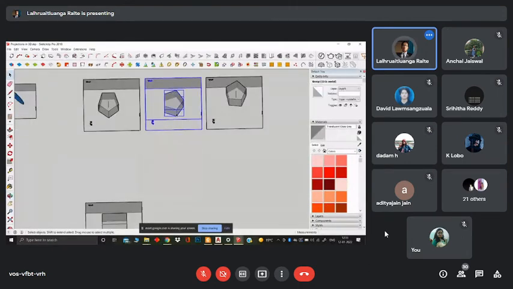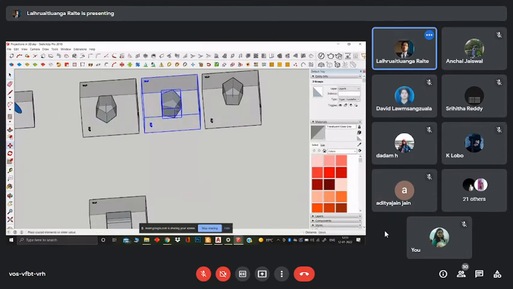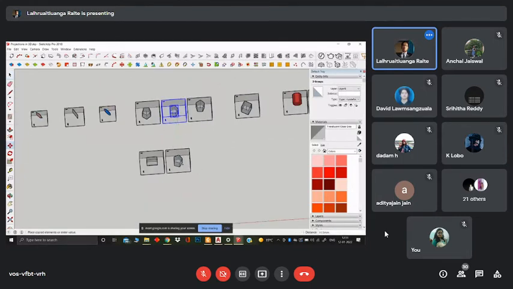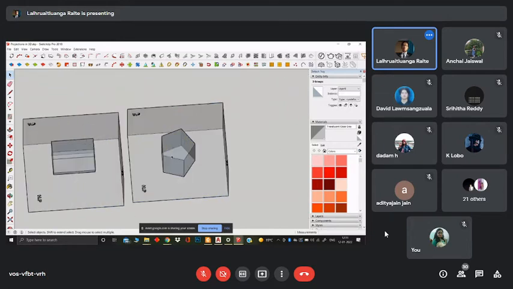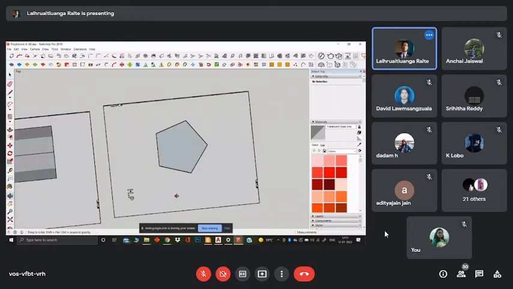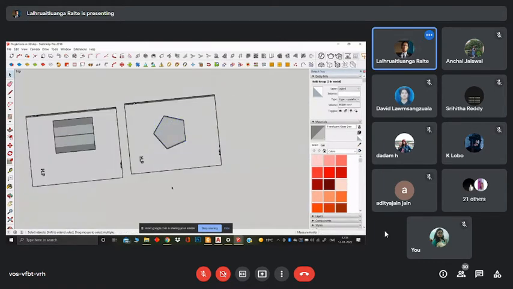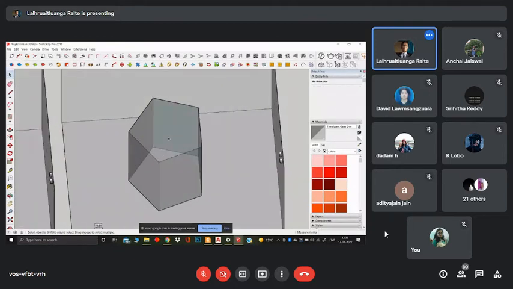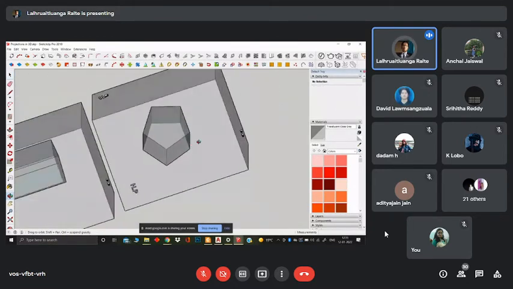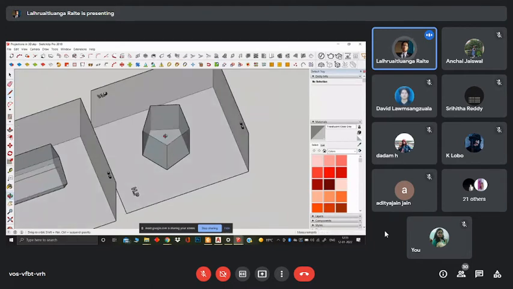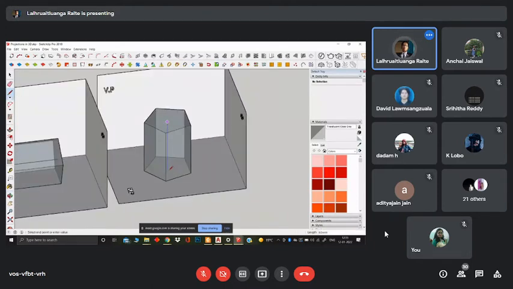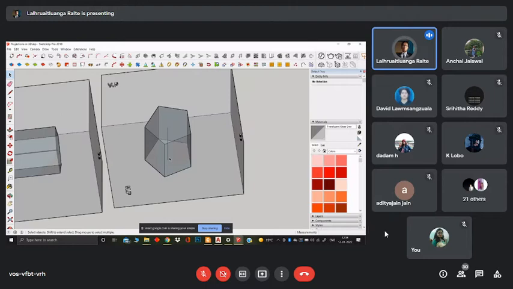Now we have an axis somewhere over here which I may not have shown. Let's put it like this.